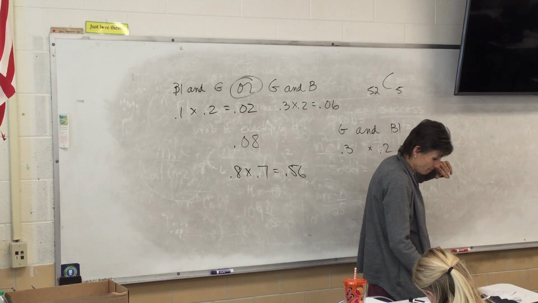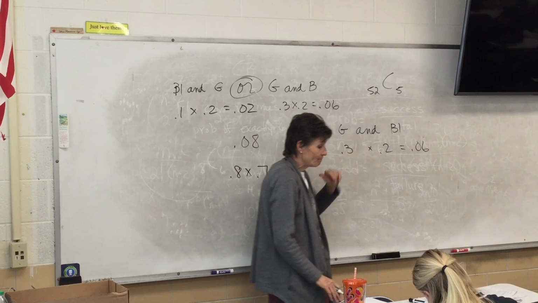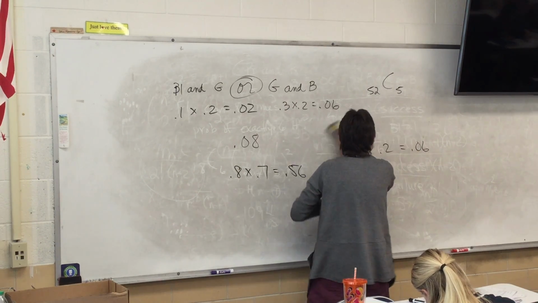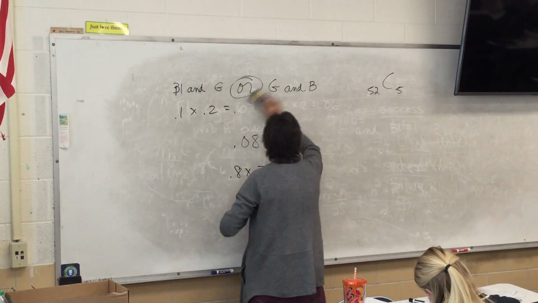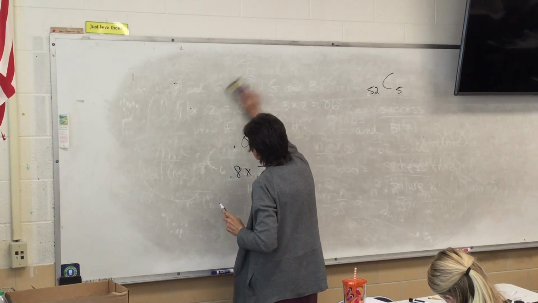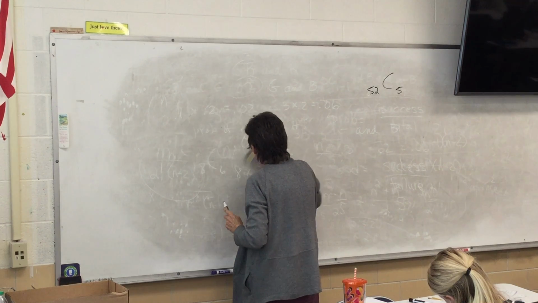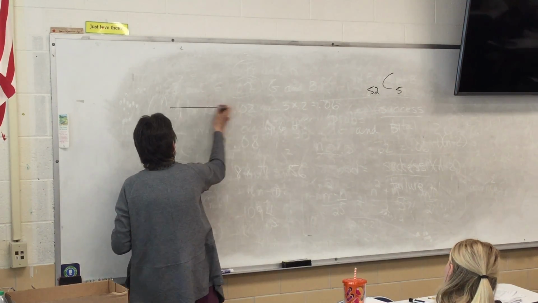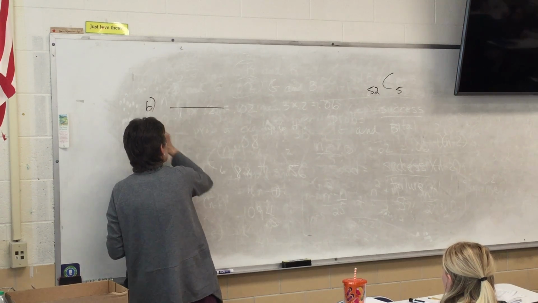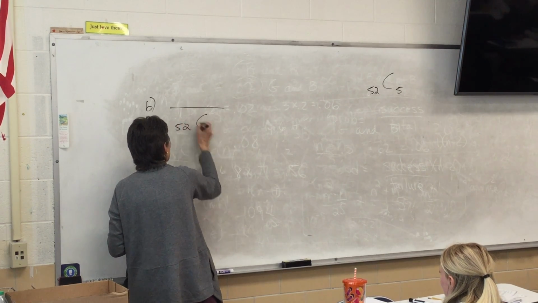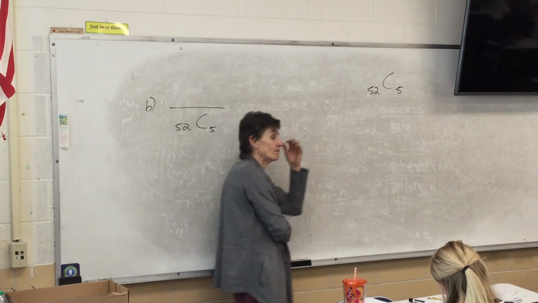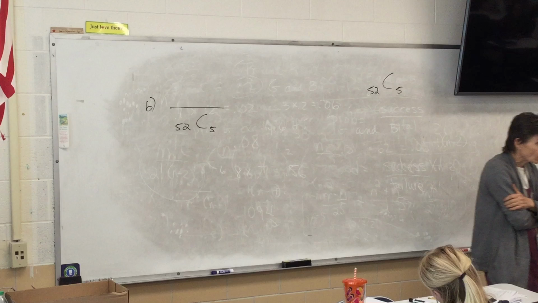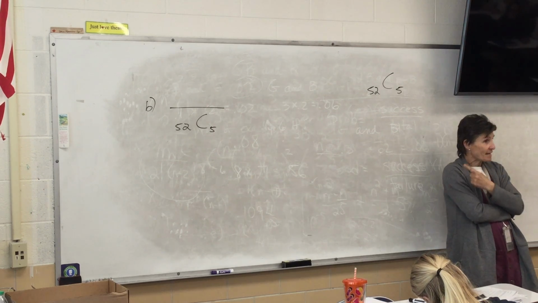What is the probability of being dealt a 5-card hand that's all diamonds? Would you agree, this is problem B, that the denominator is going to be 52 C5? Yes. Because in the denominator goes the total. And didn't you tell me that's the total?